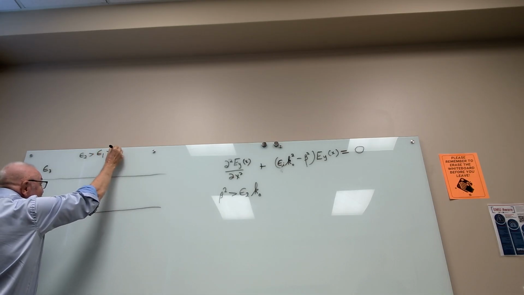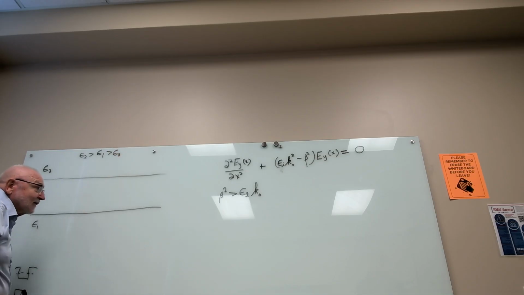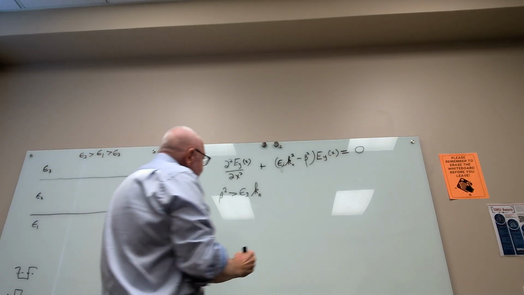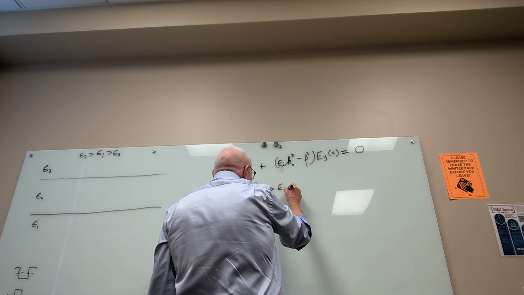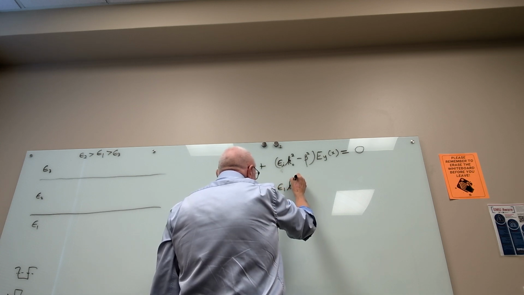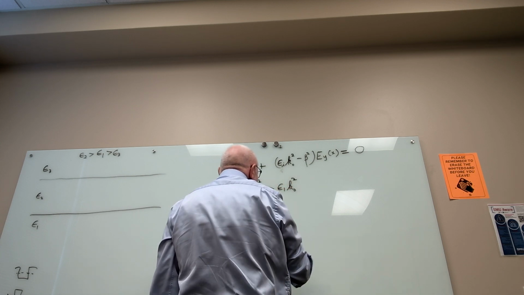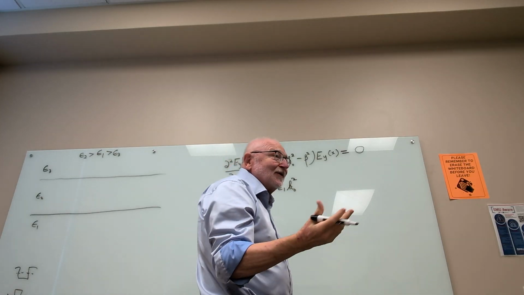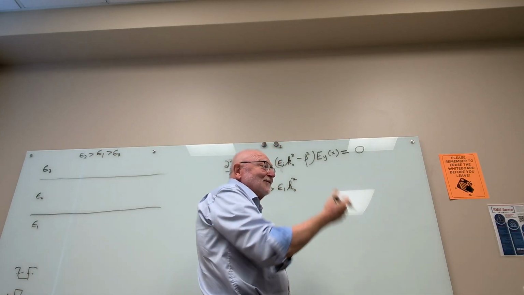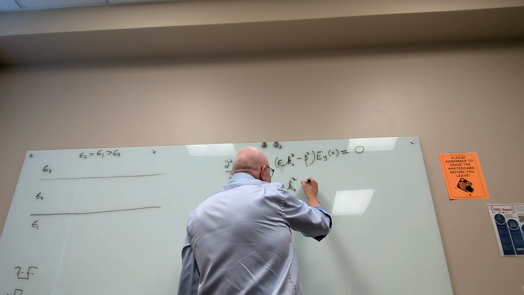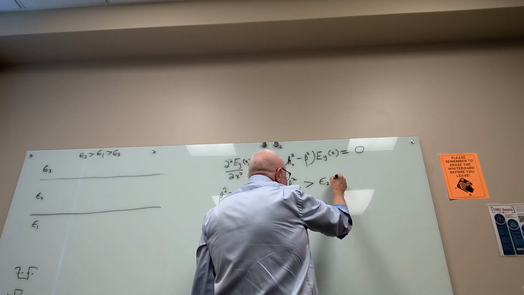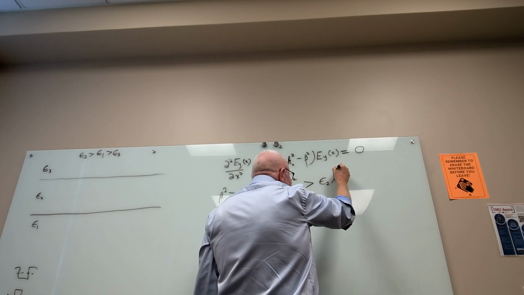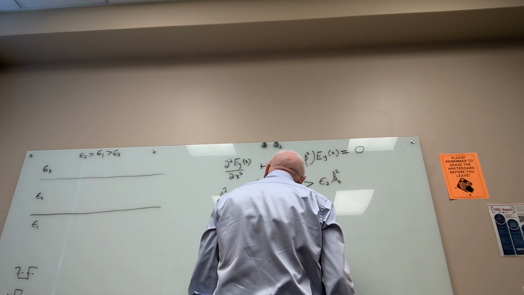So then epsilon 1. I think epsilon 1's smaller. No, it's bigger. Epsilon 1's bigger. You can put anything you want into a waveguide when you draw the picture. Oh, okay.